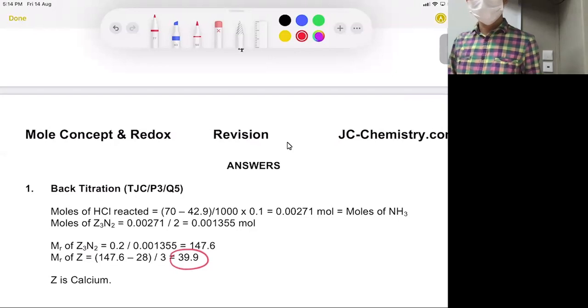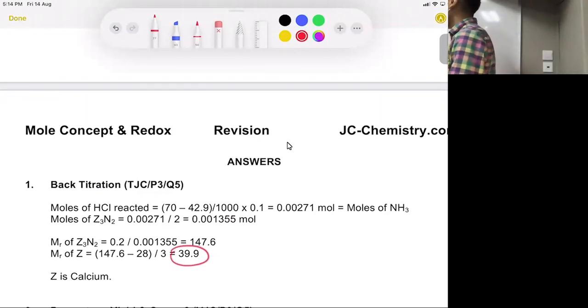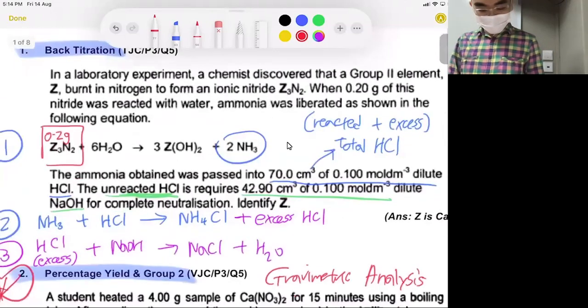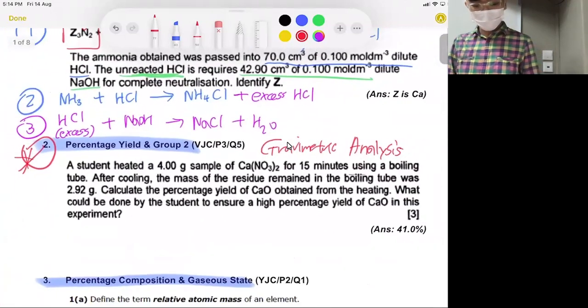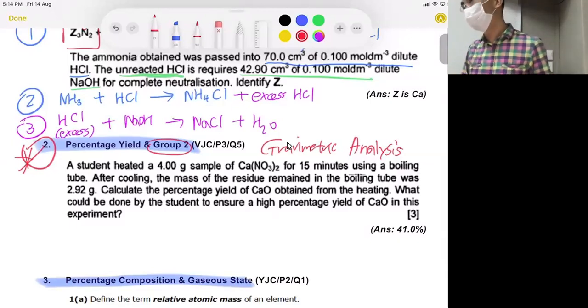Okay, the next question I want you to read through first. If you are looking at question 2, the equation that I probably need you to know or remember or mark, because most of you have learned it in your school notes under group 2, is thermal decomposition of group 2 nitrates.